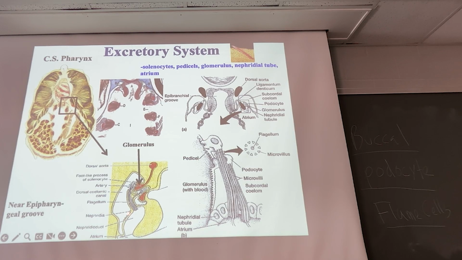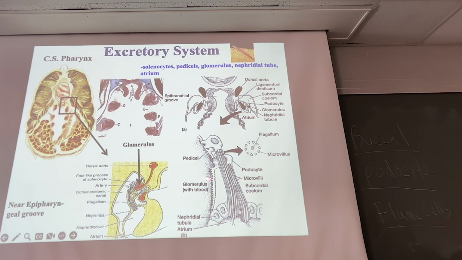Do you see that? And this is called the nephridial tube. Nephridia means kidney. So the nephridial tube is this hollow tube that connects the glomerulus and the selenocytes to the atrium. Pretty weird, right? And unique anatomy.